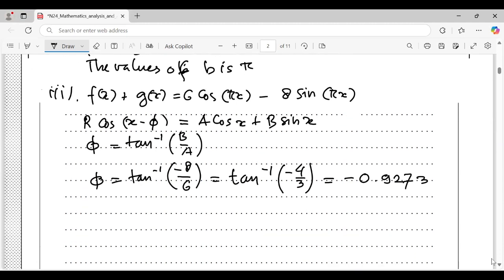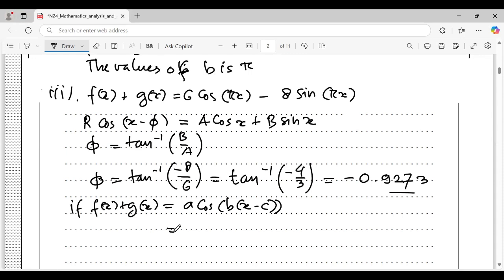Okay, it's in radians. But if f(x) plus g(x) equals a cosine(bx minus c), we can substitute a, b, c.